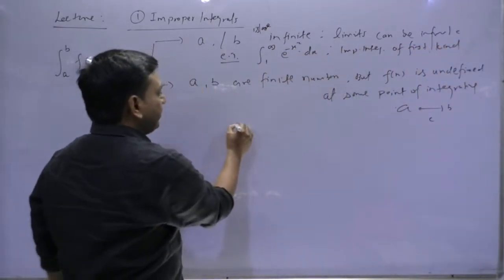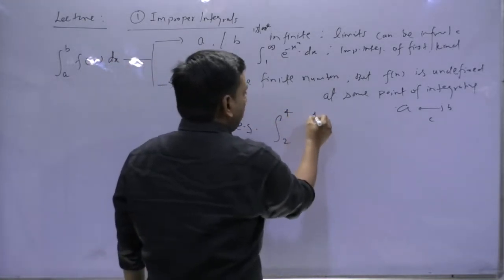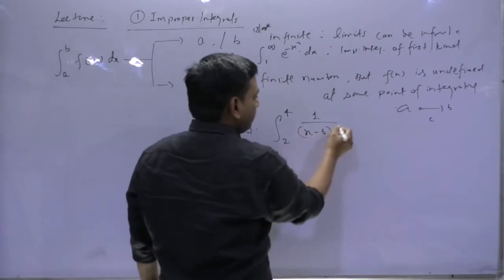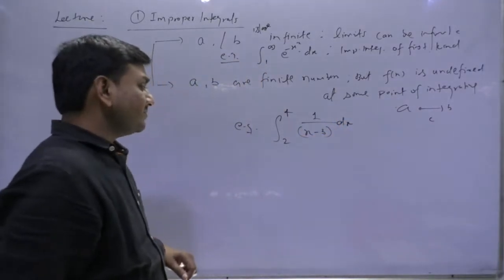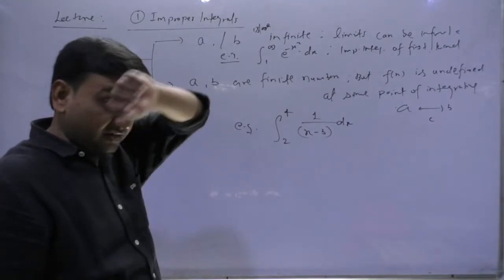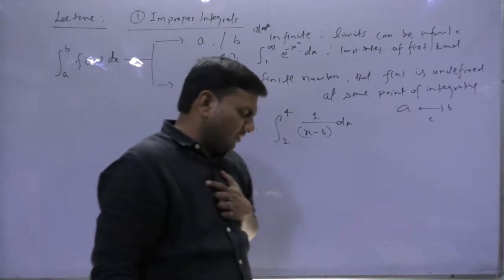Suppose that we have an integration like 2 to 4 1 upon x minus 3. Sorry, actually I am continuously taking lectures for the last 5 to 6 hours.